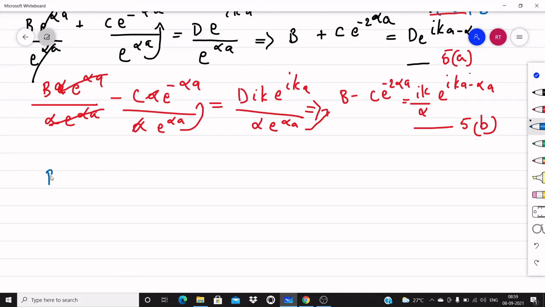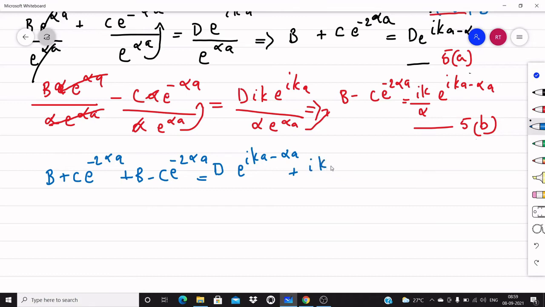You have b plus c e raised to minus 2 alpha a plus b minus c e raised to minus 2 alpha a is equal to d e raised to i k a minus alpha a plus i k d e raised to i k a minus alpha a by alpha.